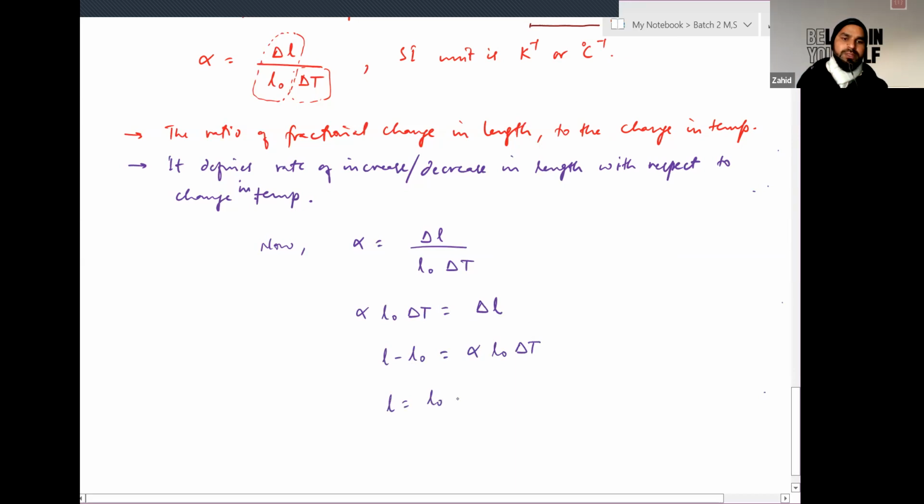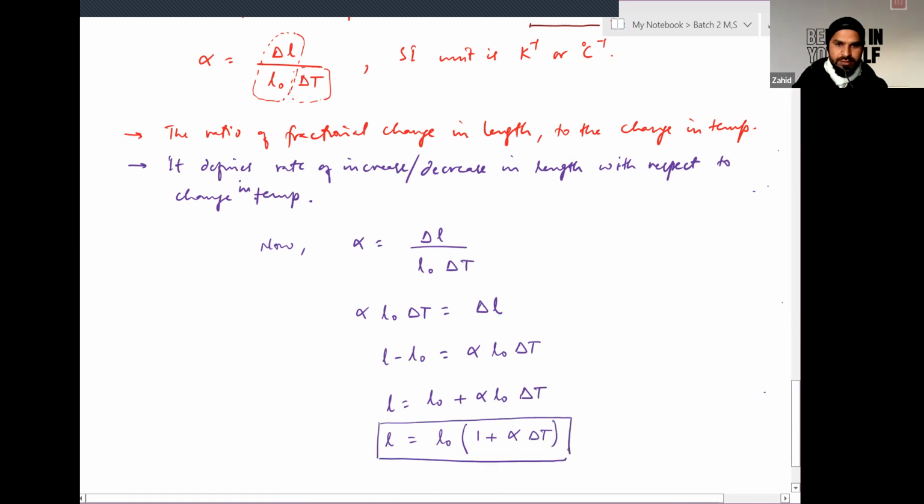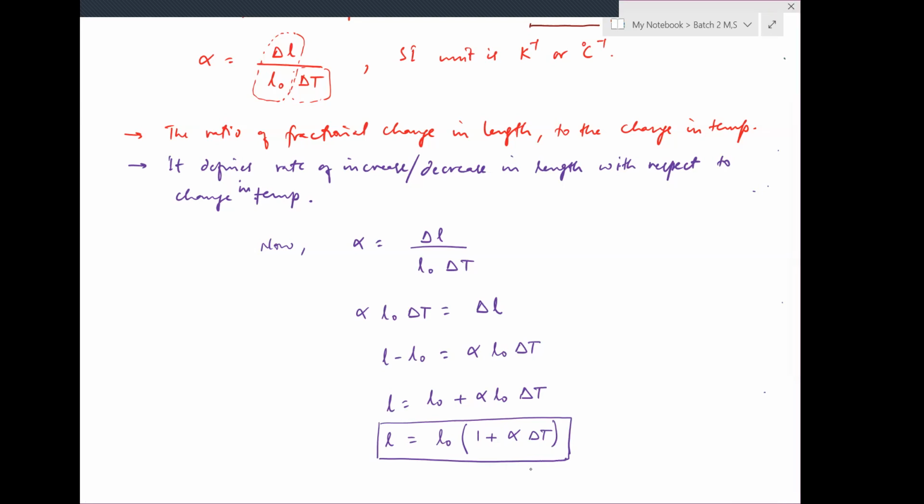So L will equal L naught plus alpha L naught times delta T. Now take out L naught as common. So it will be L naught times 1 plus alpha delta T equals final length L. So this will be our final expression of getting length at any change in temperature delta T. Is it clear? Yes, sir.